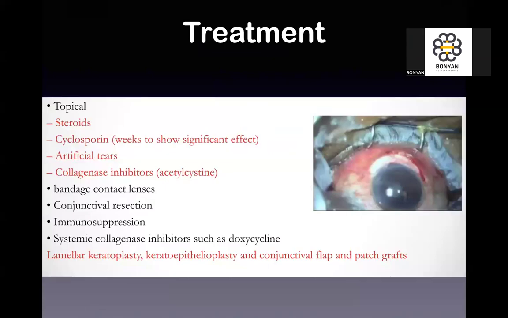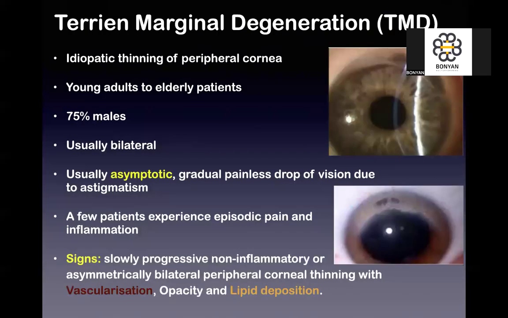Treatment: steroid, cyclosporin, artificial tears, collagenase inhibitors like acetylcysteine. And finally, lamellar keratoplasty. It's recommended in the early or in the moderate cases. Don't wait for the severe changes to happen.